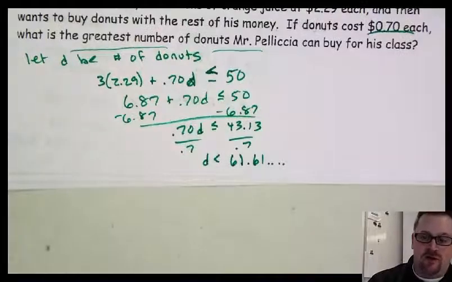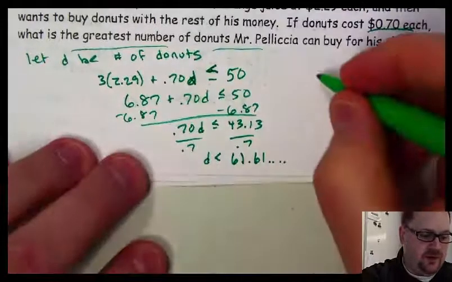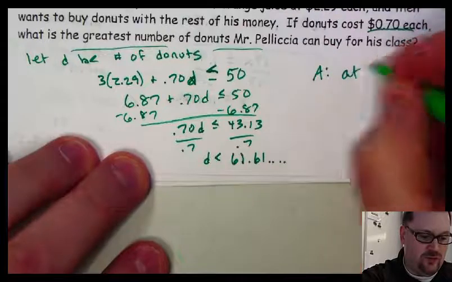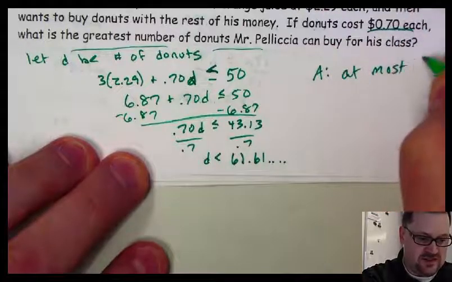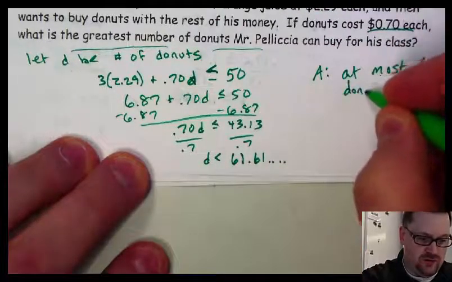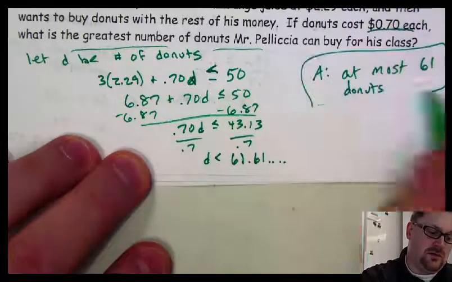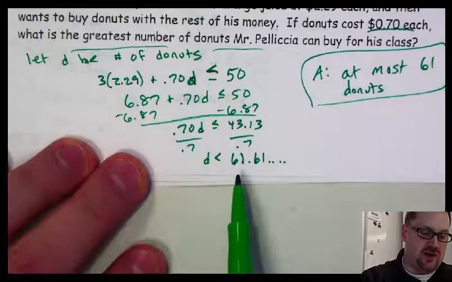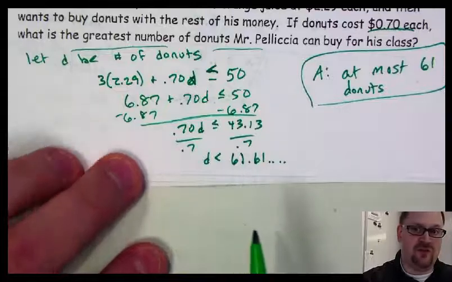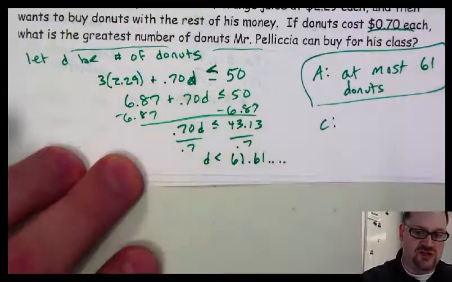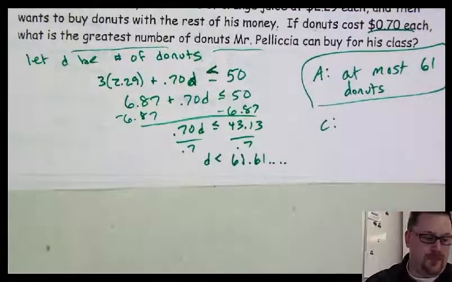So how many donuts would that be? Well, that would be at most 61 donuts. That's a lot. Okay? So make sure you interpret that answer at the bottom. Should we have decimals or not? And then you can do the check on this yourself.